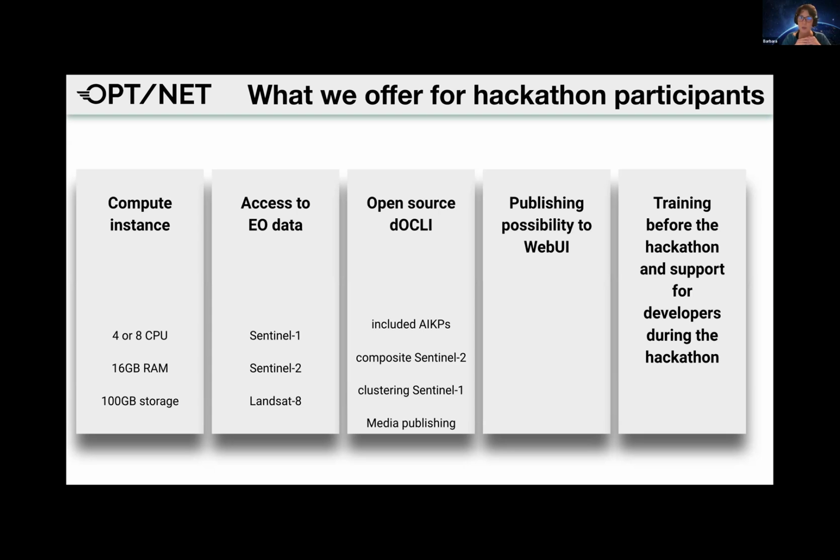It comes included with an empty example of a knowledge pack, which I will come to, and it comes with 3 pre-made knowledge packs that you can use. Those are for making RGB composite based on Sentinel-2, clustering analysis based on Sentinel-1, and media publishing.